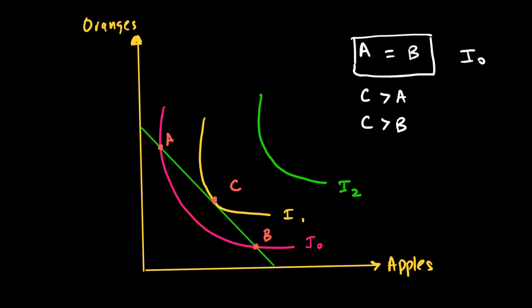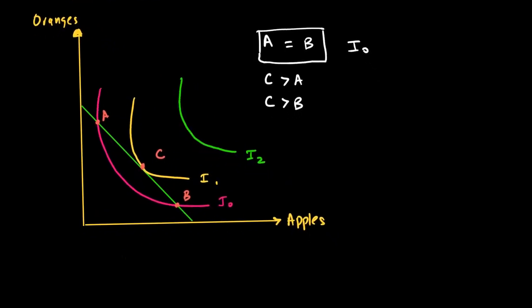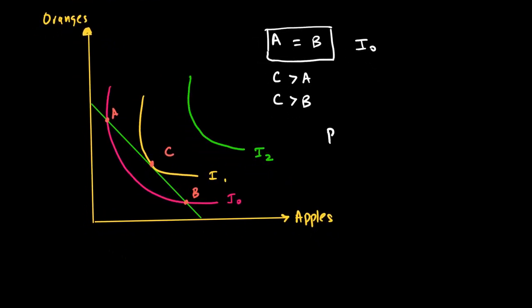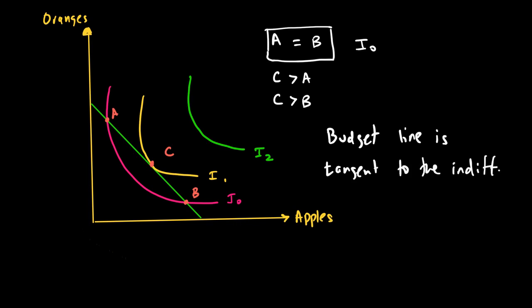So ultimately the combination that the consumer will end up choosing is the combination where the budget line is tangent to the indifference curve. And the reason why a consumer will choose this combination is because the maximum possible satisfaction is always on the indifference curve which is to the right and yet affordable.